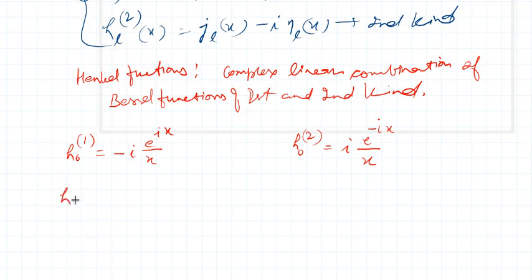And similarly, I can define H11, and it's equal to minus iota over x square minus 1 over x, e raised to power iota x, and H12.